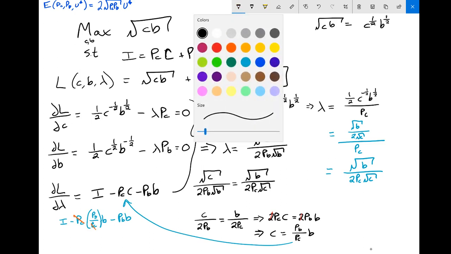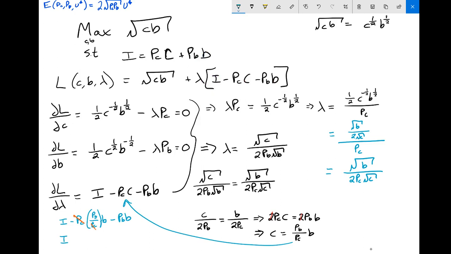I minus PBB minus PBB. All right, let's solve this for B. I minus 2 PBB equals 0.